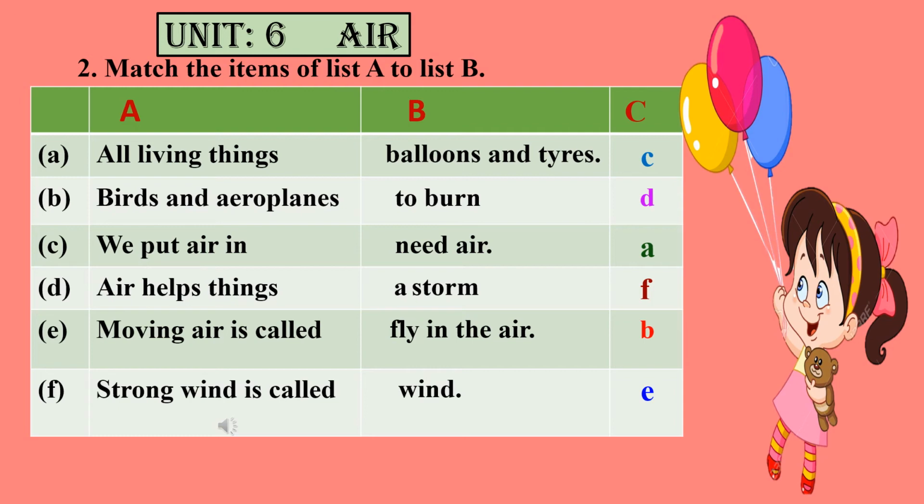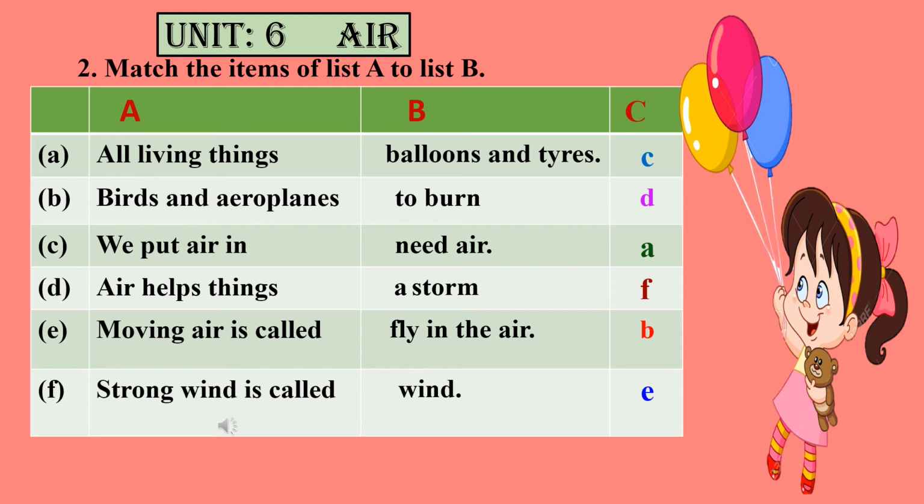What all living things? In B, you have to find the other part of this sentence. All living things what? Yes, need air. So in column B, on the third place, it is written need air. So you have to draw a line to match with need air.